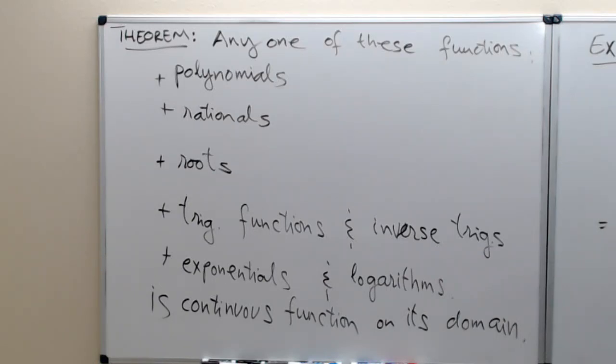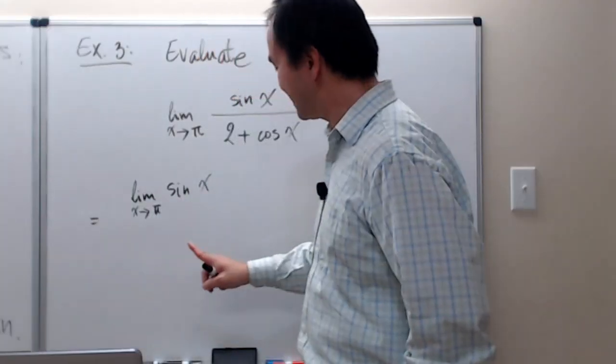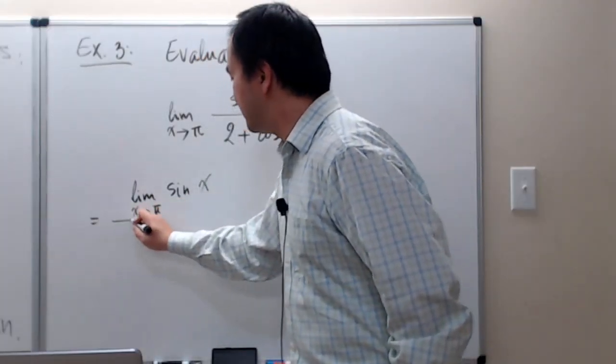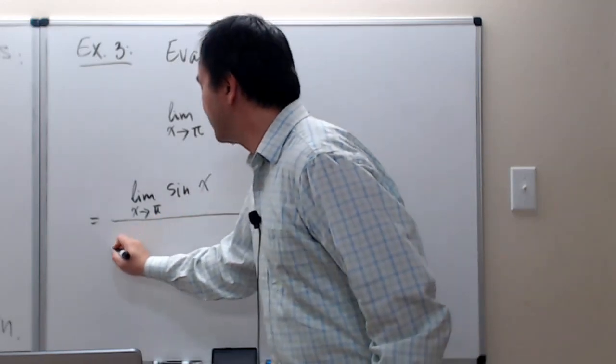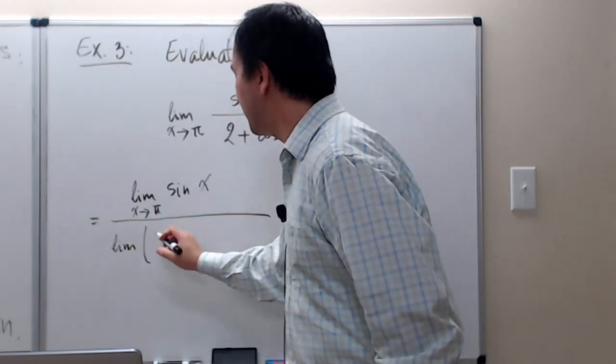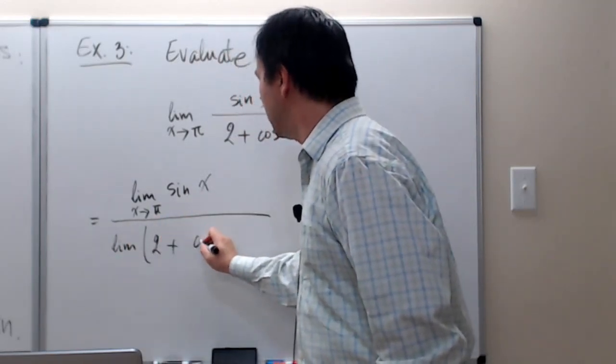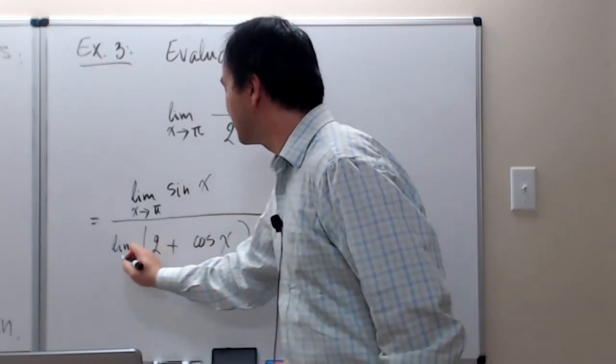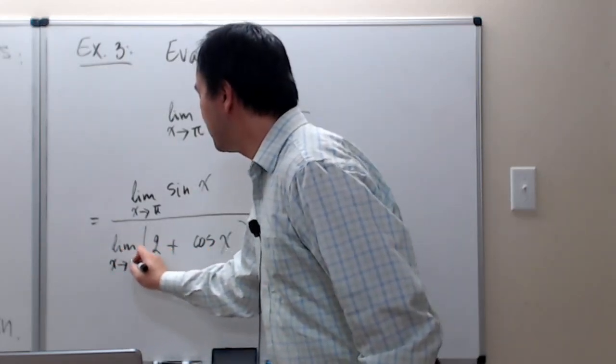So we want to find the limit as x gets close to pi of the function sine of x in the numerator, and divide that by the limit of the function in the denominator, 2 plus cosine of x, as x gets close to pi.